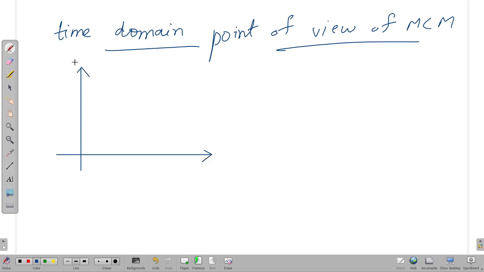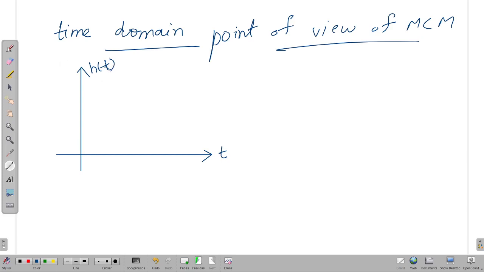Let this be a channel impulse response denoted by h of t. The axis is time.